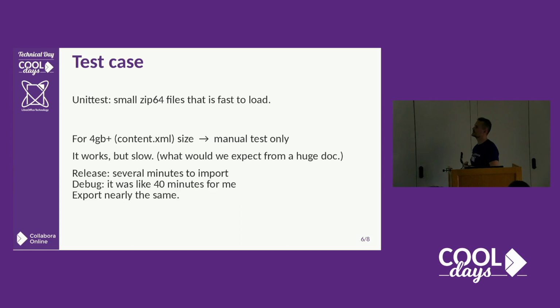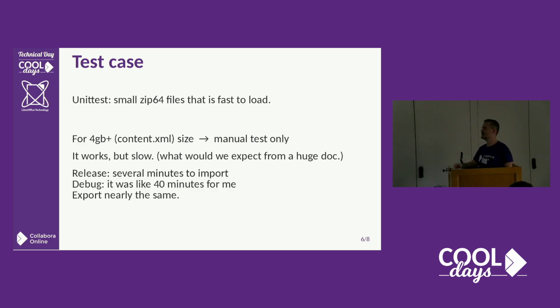As a test case, I made a unit test that is a small Zip64 file. That works fine, but for a real case, I made a test file. It was even a challenge to make a test file that contains a big XML that's bigger than 4 GB.